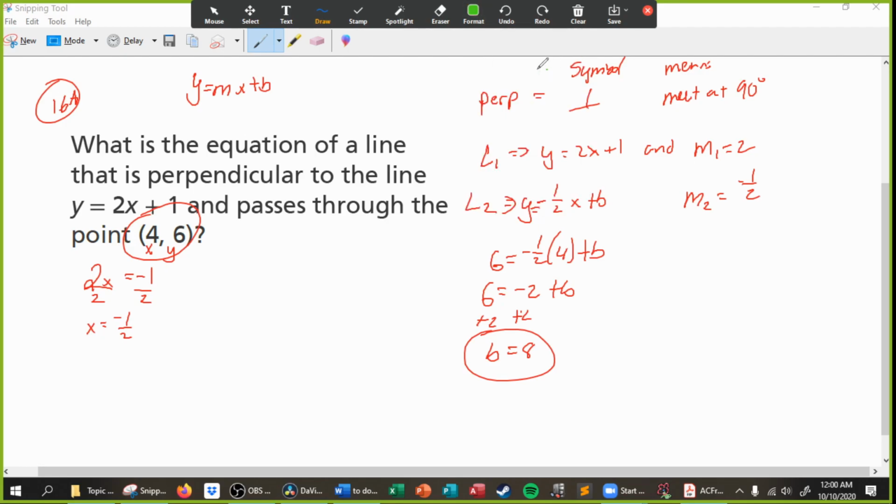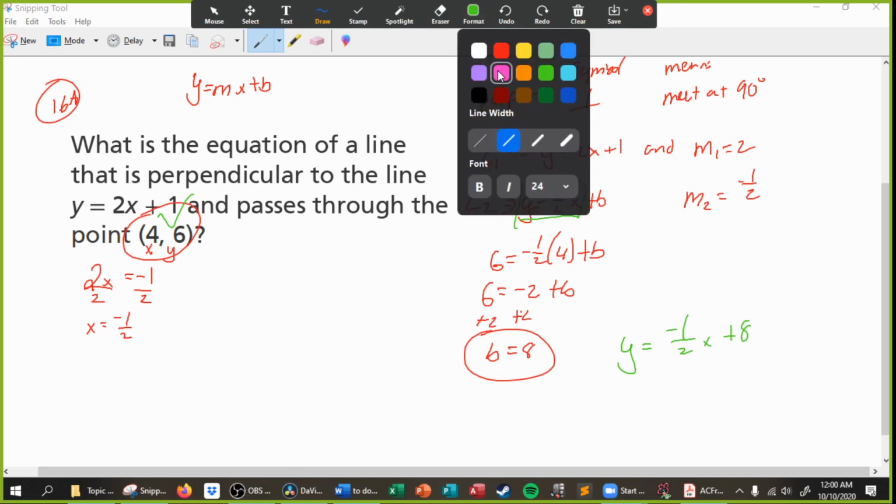So my final answer will be y equals -1/2 x, just like I had here, because that is my perpendicular slope, and then my b is 8. That's where I adjust vertically to make sure it passes through the point 4, 6. And then, as always, let's check it.